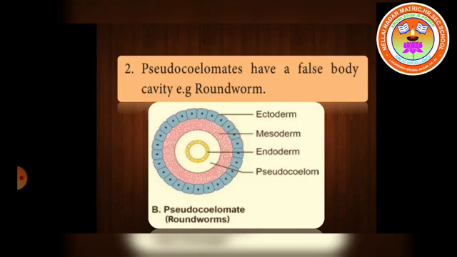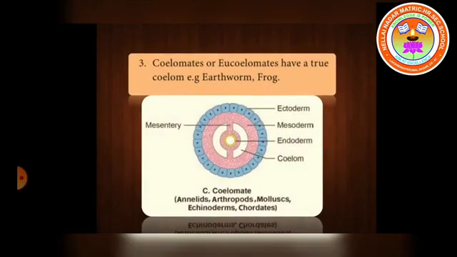And the third type is coelomates or eucoelomates, and they are called true coelomates. Example, earthworm, frog, etc. Are you clear, children?